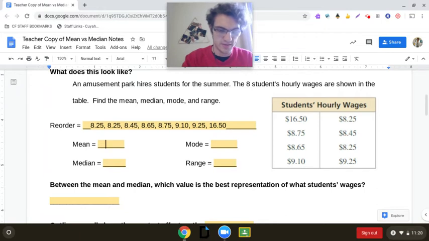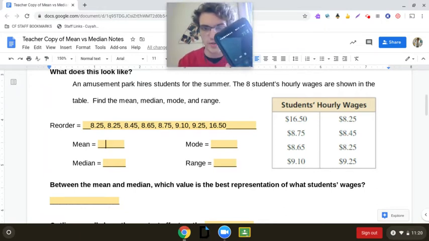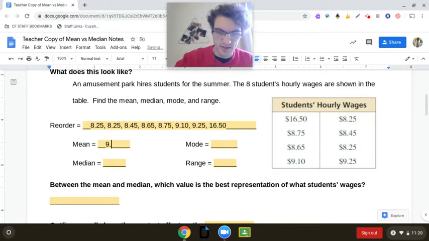This is awesome to watch. I ended up with 77.2. When I divide that by 8, I get the average hourly wage of $9.65. So I'm going to type that in right here.